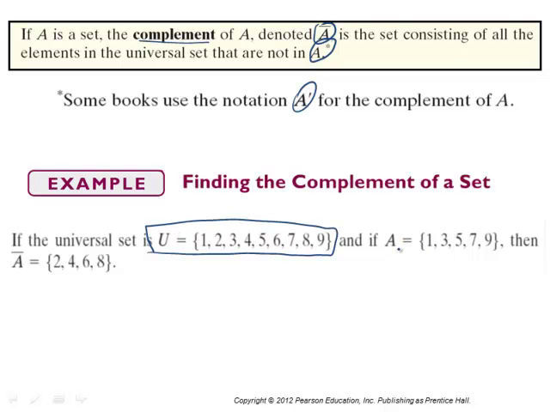And suppose that we have this set A right here, and if you wanted to find a complement, then you'll list all the elements of the universal set that are not in set A. So one handy way of doing this is to go through the universal set and strike out the elements of set A, 1, 3, 5, 7, and 9. And then you're left with 2, 4, 6, and 8. And indeed, there's your complement. Okay?